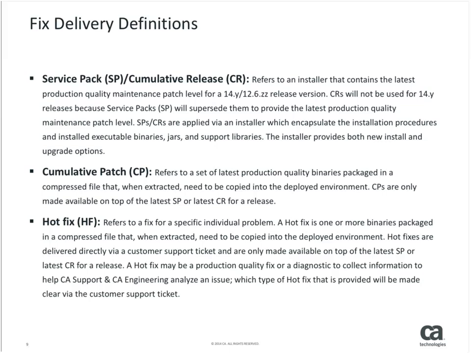Cumulative patch, as I said, is something that we released in the older versions. It's the equivalent of a service pack, so to speak, what we have right now, and we're only going to release it for the older versions.